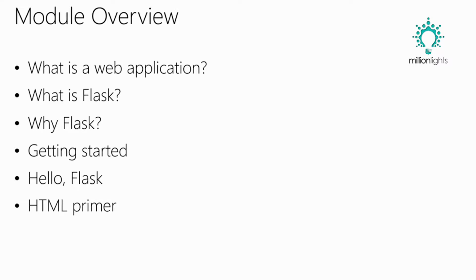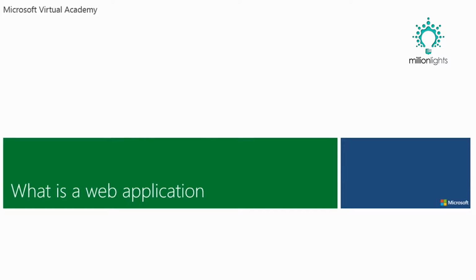And how do we actually get started and do that, as we've learned before, hello world application? Yes. And then we're going to close it all off with a primer on HTML. The main goal with the HTML primer is just to make sure that if you followed along with course 1 and maybe you haven't done HTML, that you're now going to see enough to know what's coming with HTML and how HTML works.